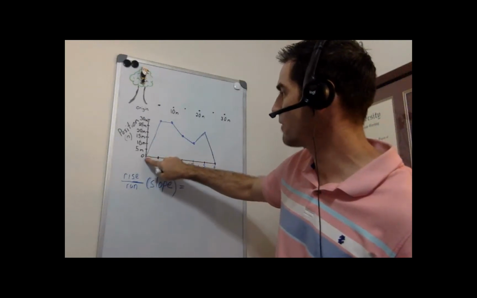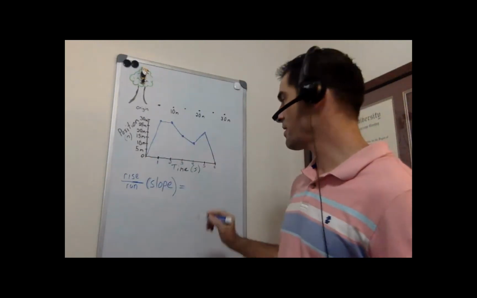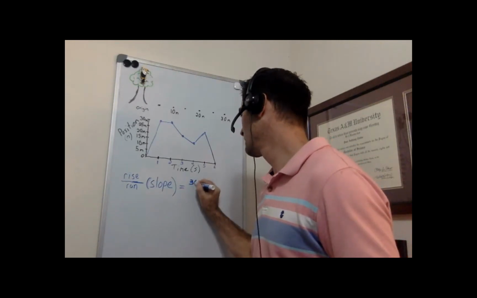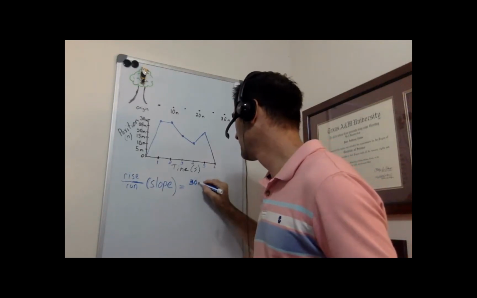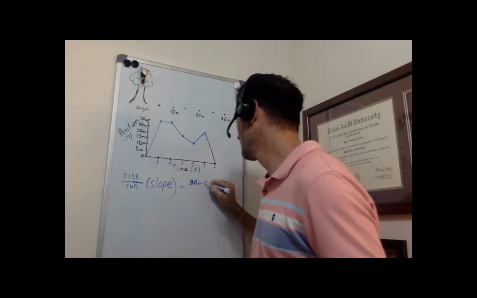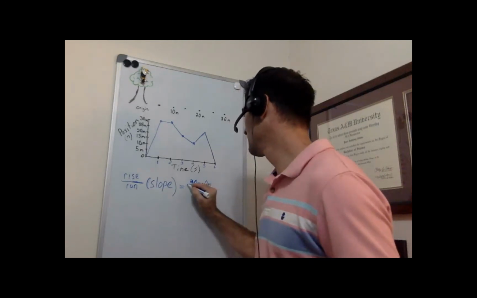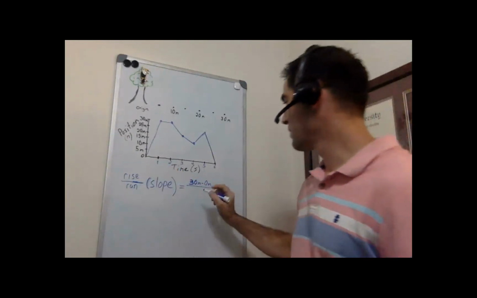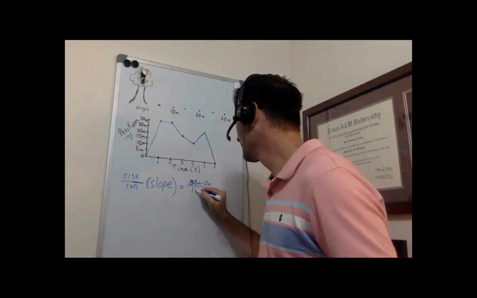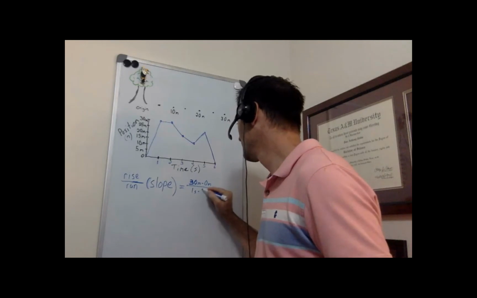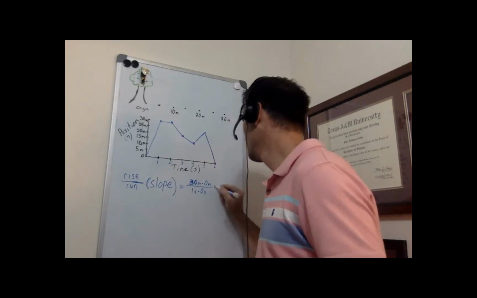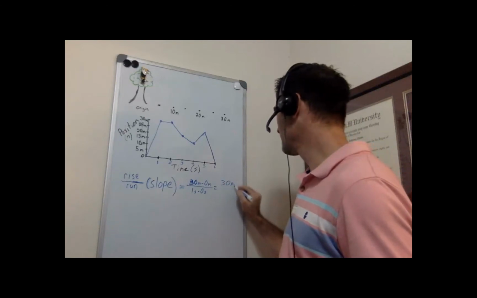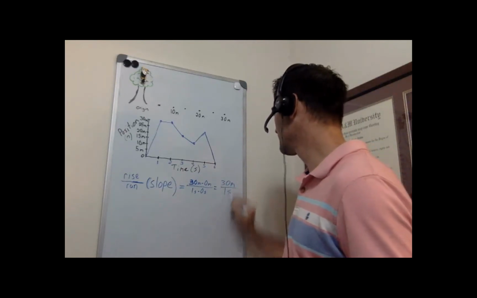So we will go from 0 to 30 meters. And on time, we go from 0 to 1. And that gives us 30 meters in 1 second.